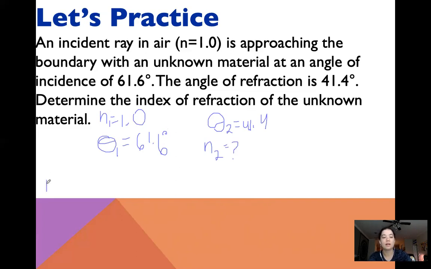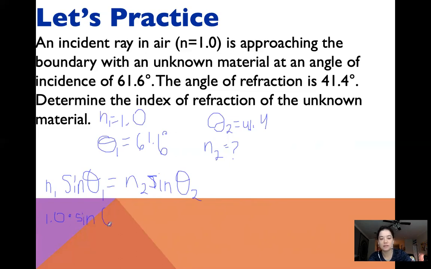We're going to use n1 sine theta 1 equals n2 sine theta 2.